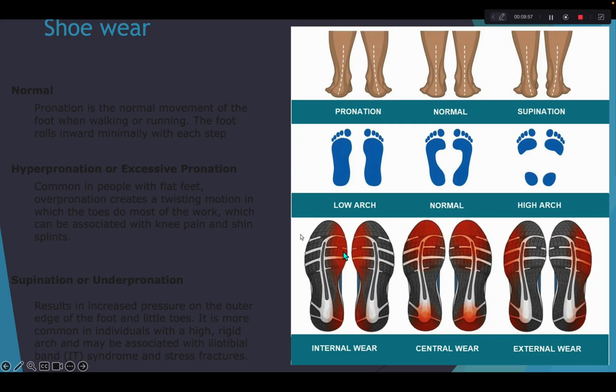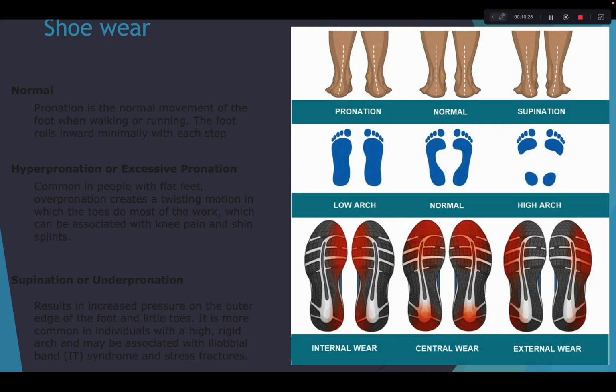All right. Then we have something called excessive pronation, which is over here, or hyperpronation. And then to the right, we have supination or underpronation. So let's go to your hyperpronation over here. So when you are hyperpronating, remember supinating, you're putting more weight on the outsides, right?